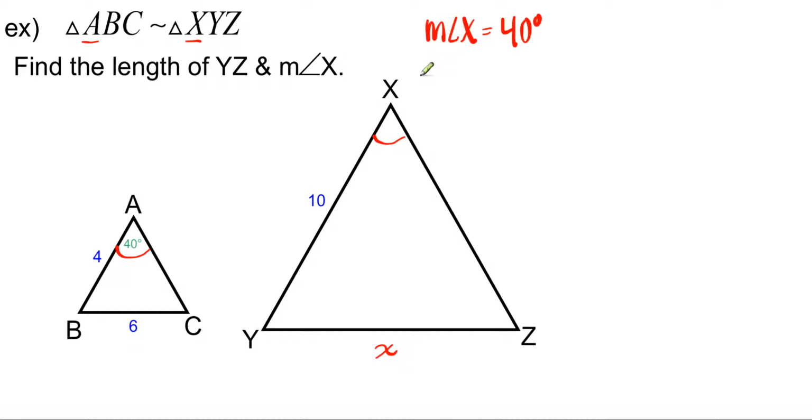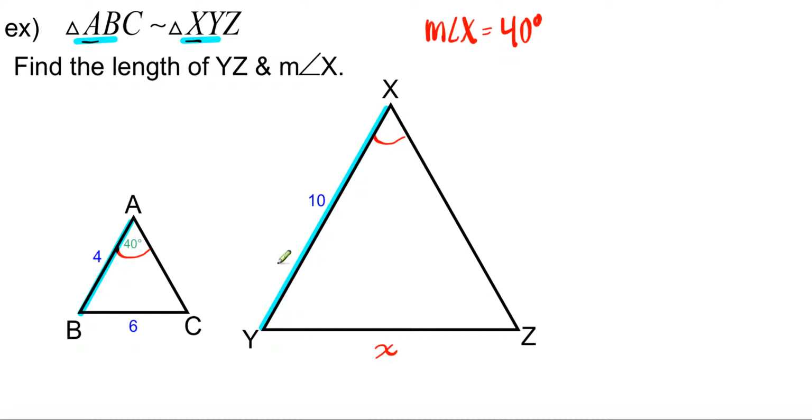Okay, so that's done. Now let's talk about the sides. Let me get my highlighter tool out here. Let's look at side AB. That's given 4. So we're going to have to use some of that. AB is my first two letters, so I know it corresponds to XY. XY is here. So this is kind of good in the sense that these two triangles appear to be what I call matchy-matchy. The corresponding sides are in the same positions.